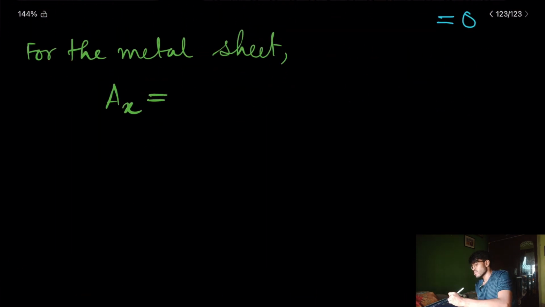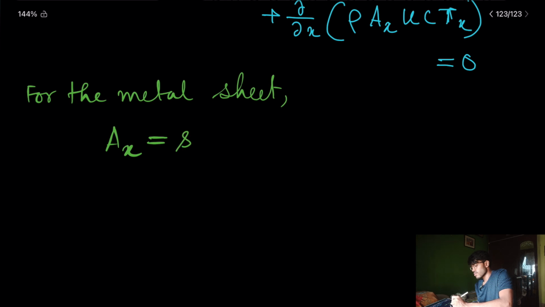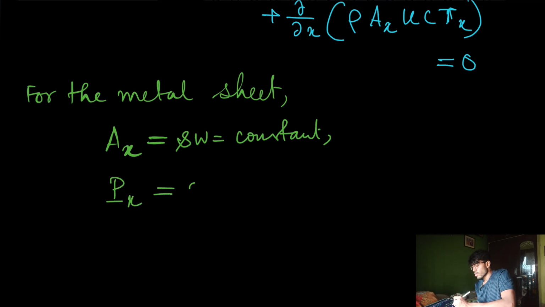So then my ax will be a constant, and this will be small s into w. This is a constant, and my perimeter Px will be 2 into s plus w, that is also a constant.